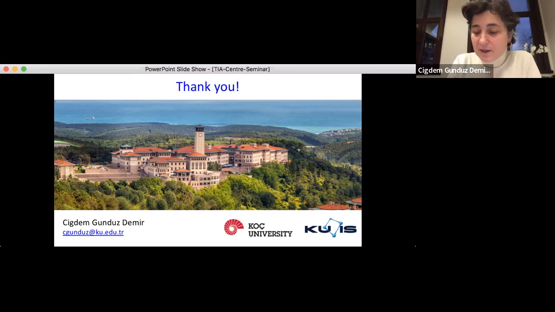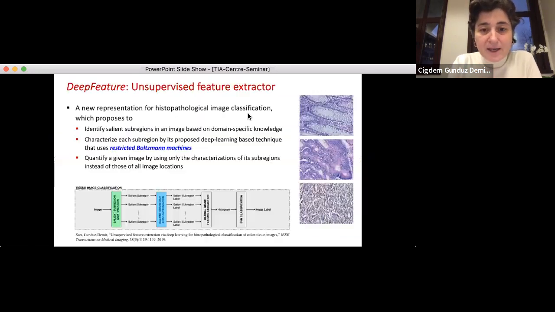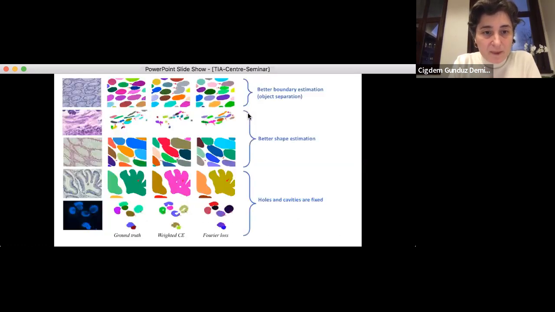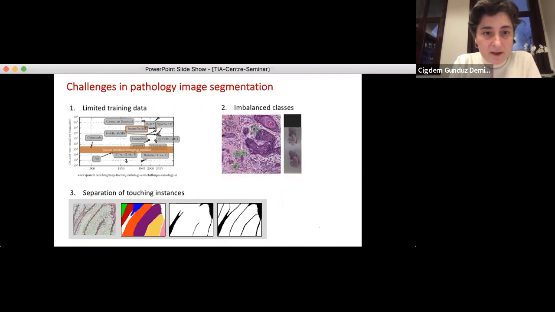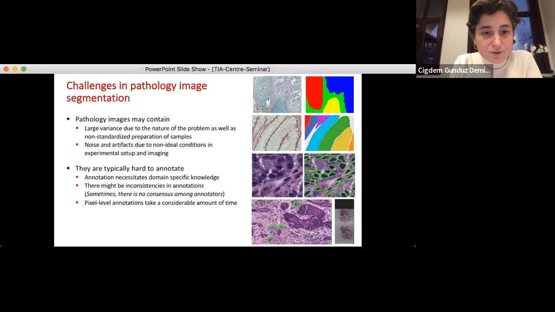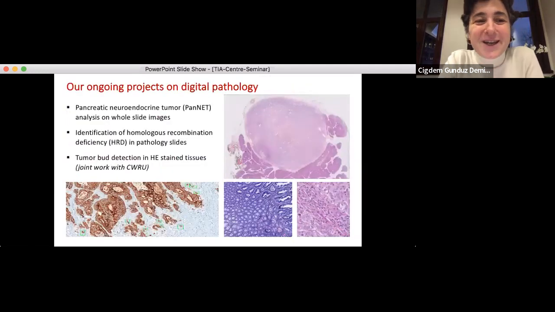So for example, I mentioned these projects. So these are the two of them. The first two are very recent projects, but we are very excited.